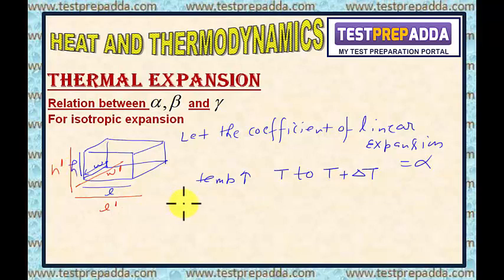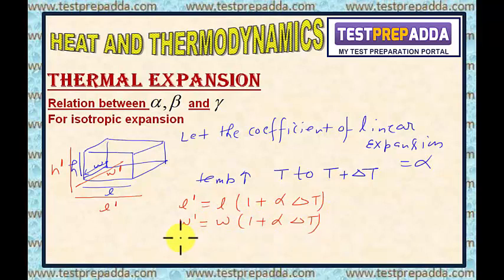Now with the help of the relation between the new length and the original length, I can write L dash is equal to L into (1 plus alpha delta T). I can write W dash is equal to W (1 plus alpha delta T), and I can write H dash is equal to H into (1 plus alpha delta T).